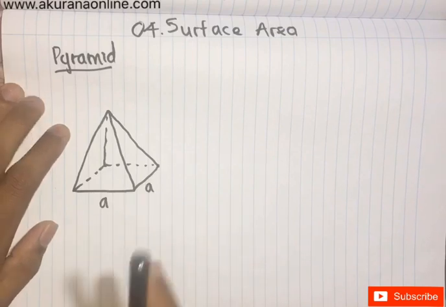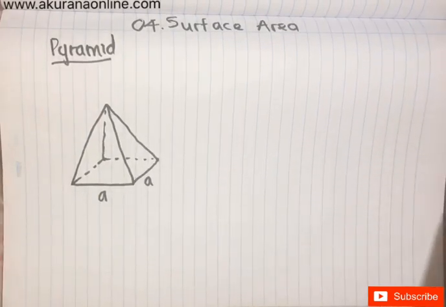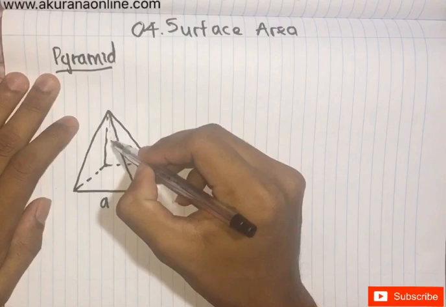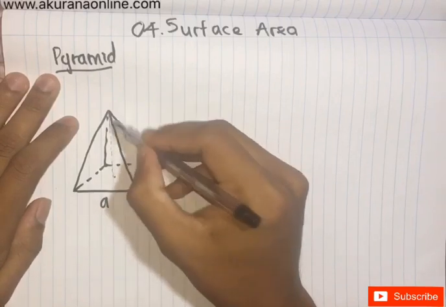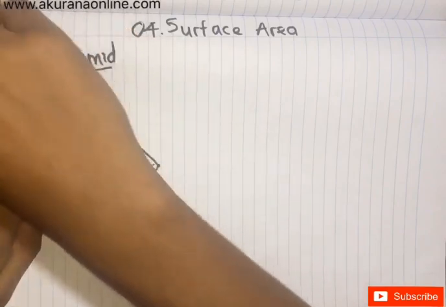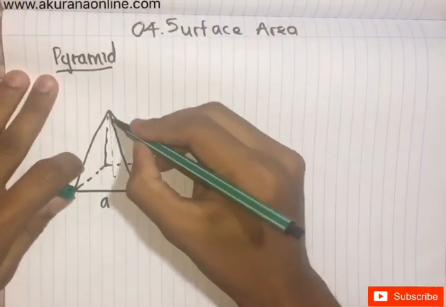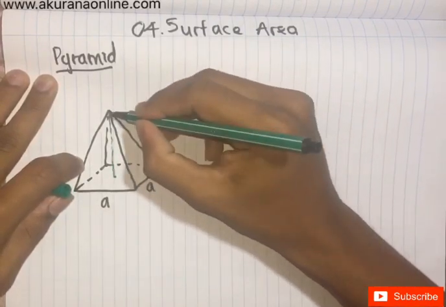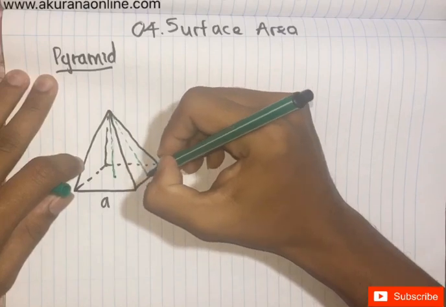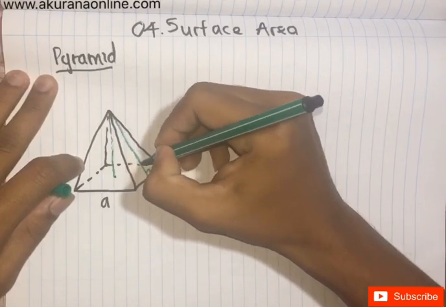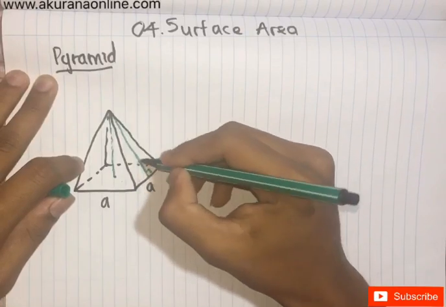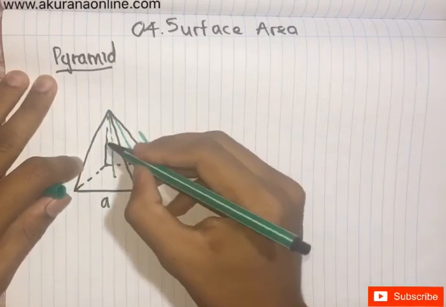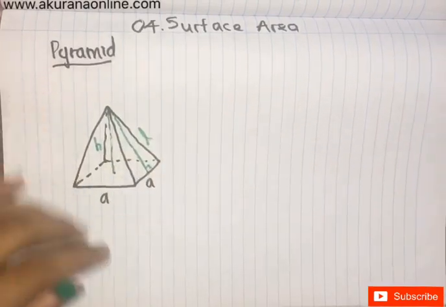Now if you take this, since the square base is here, there is a height this way. This is the perpendicular height of the total pyramid. Also, this triangular surface has its own perpendicular height. The perpendicular height of the triangular surface, you call it L, and this height you call H, the height of the pyramid.